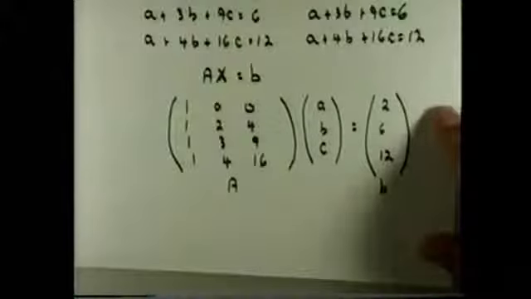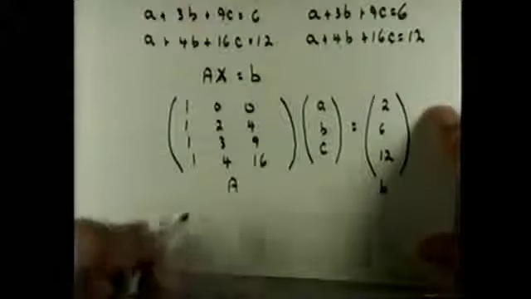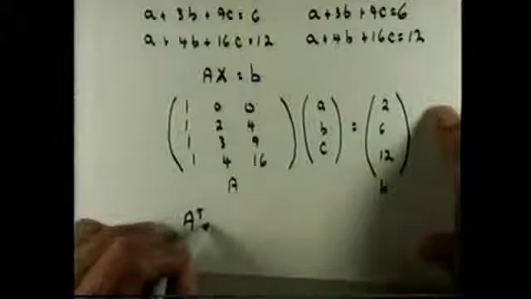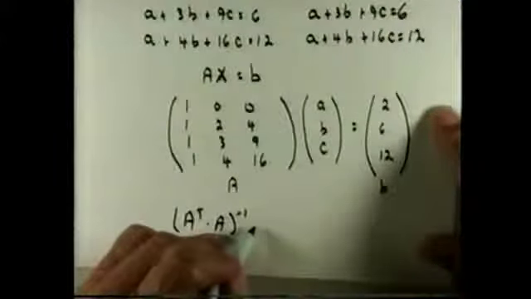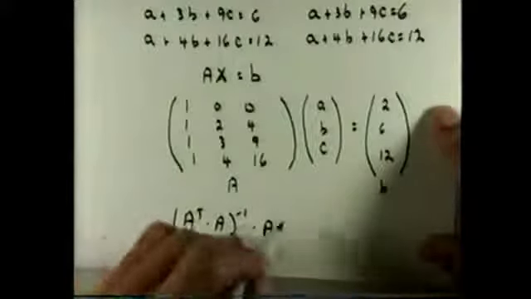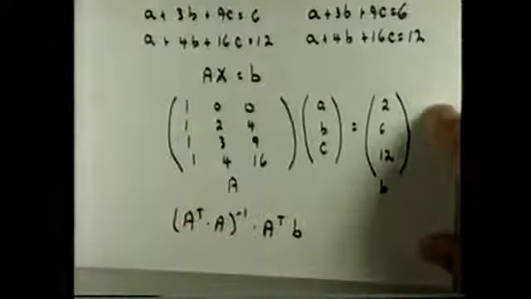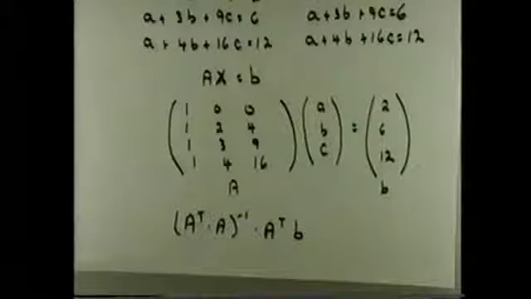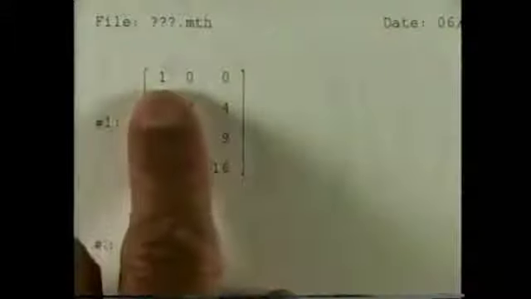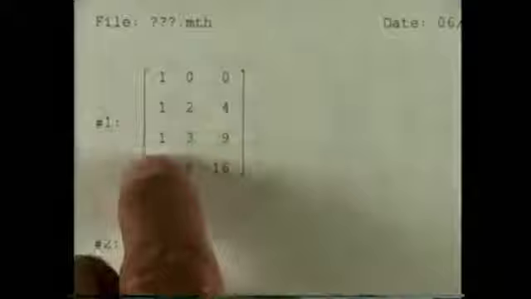So I enter them into Derive, and I use my formula: A transpose A, inverse, times A transpose B. So I go and enter the matrix A: 1, 0, 0, 1, 2, 4, 1, 3, 9, 1, 4, 16.